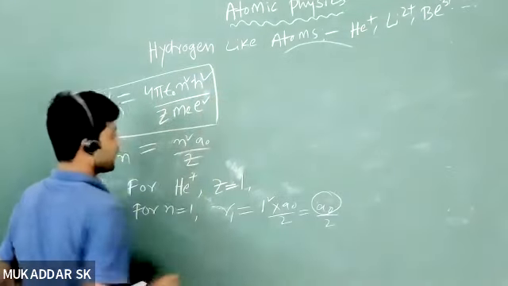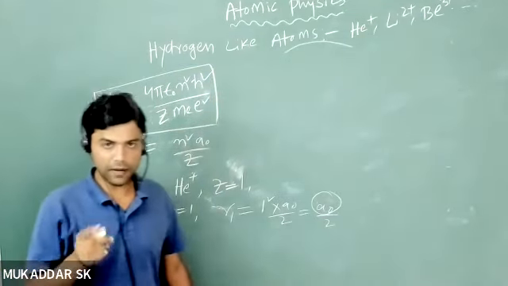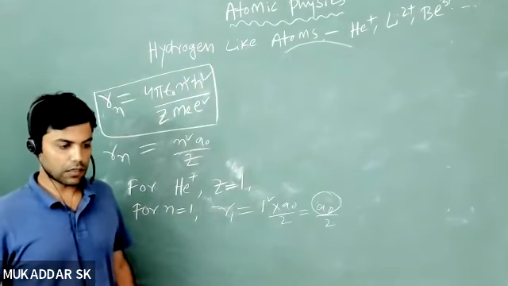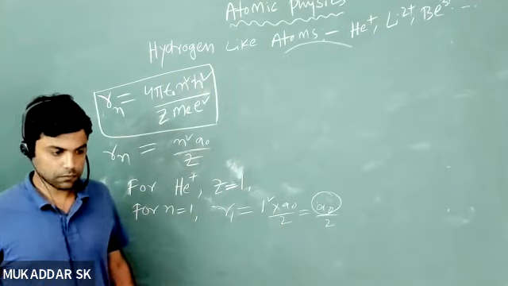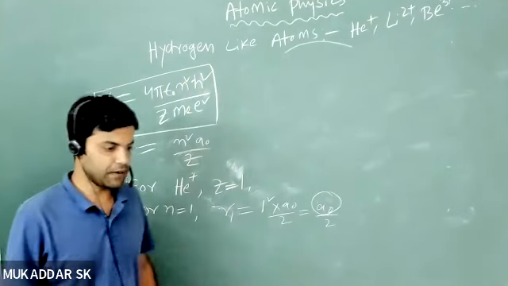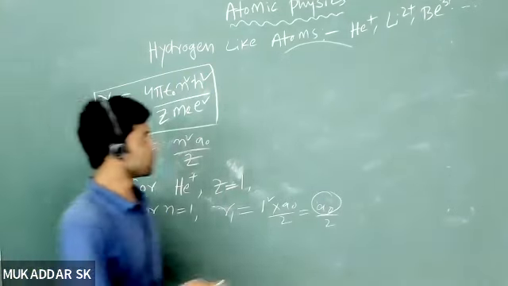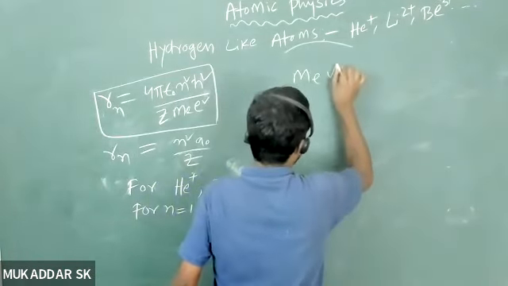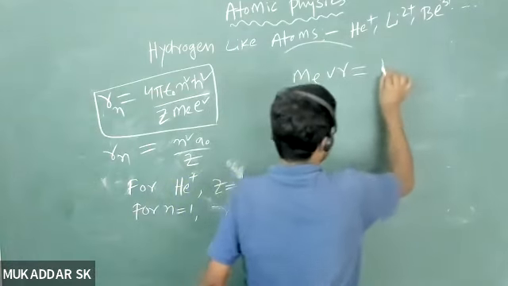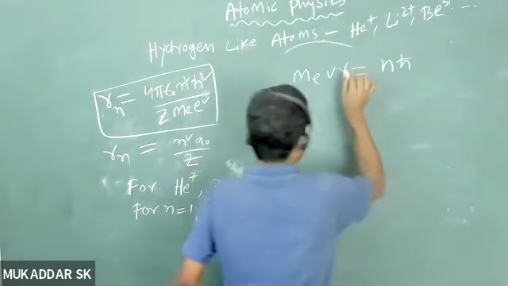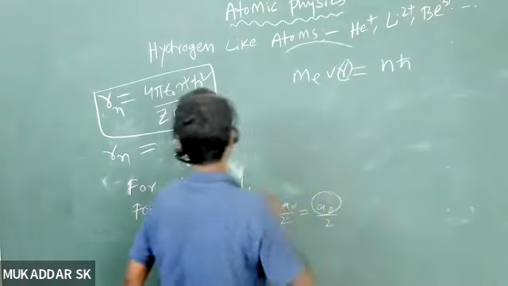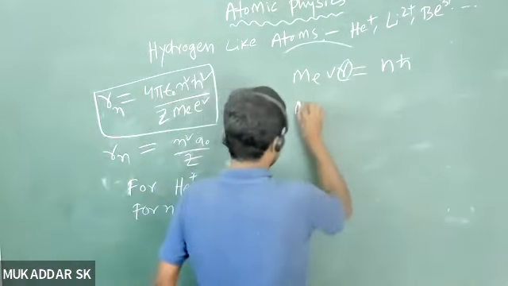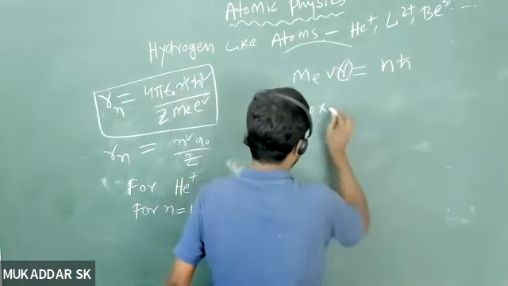Now can you tell me the expression for speed? Anyone? Shekhar or Anju, can you please tell me the expression for speed for hydrogen like atom? You know this formula: m_e v r equals how much? n h cut. Now you know these values, right? If you substitute it here, this is m_e into v.